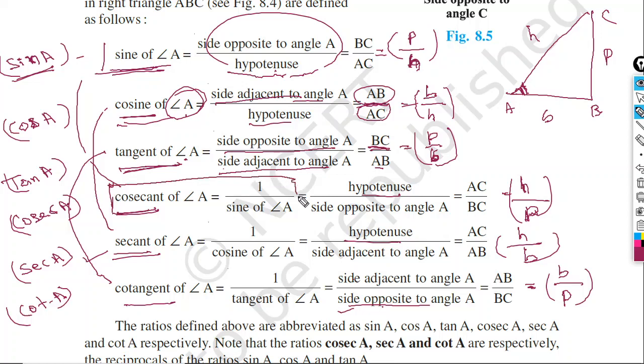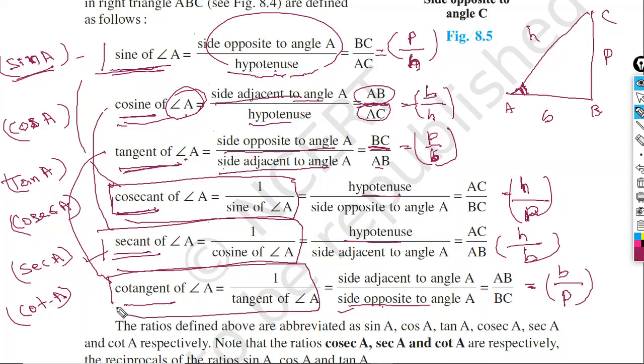Cosec A equal to 1 by sin A, sec A equal to 1 by cos A, and cot A equal to 1 by tan A. Okay. So that is three formulas, and these are 1, 2, 3, 4, 5, 6. Six plus three, 9 formulas you have to remember.